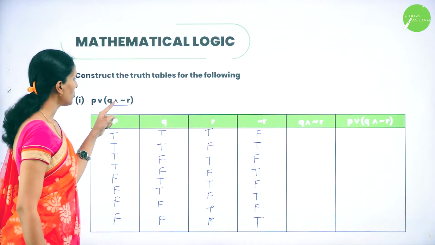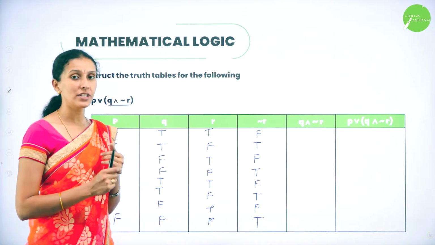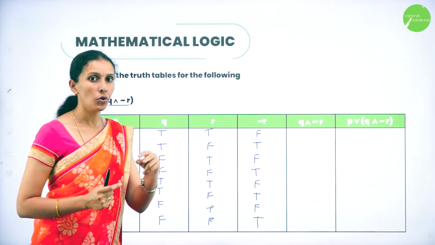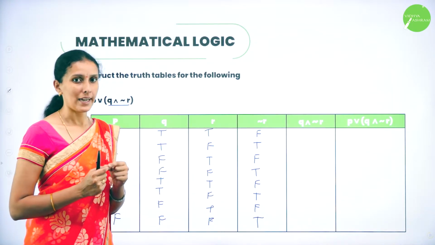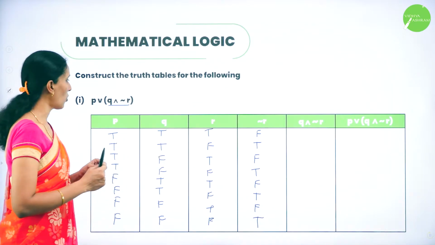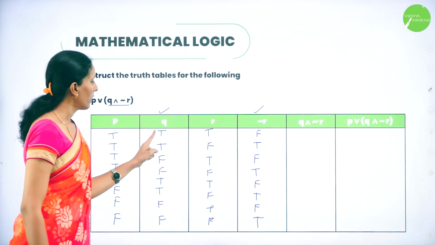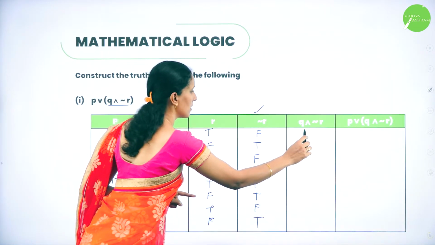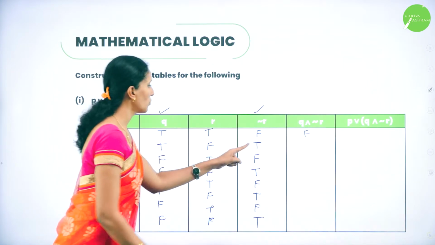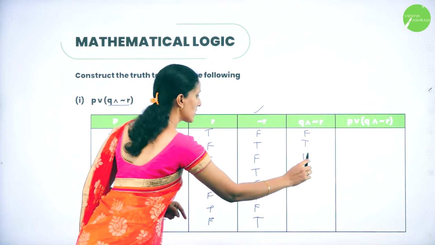So it is a conjunction of Q and negation R. What does the conjunction statement say? It is true when both the statements are true. So find the cases where both the statements are true. So we have Q and negation R. We have true, false, hence it is false. We have true, true, so it is true. Third is both are false.